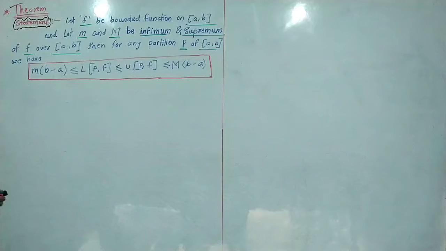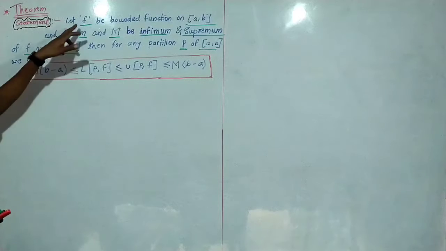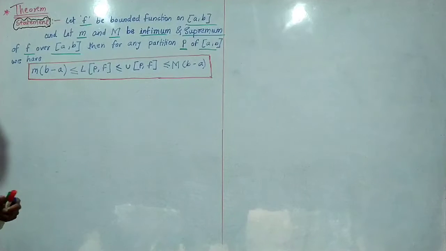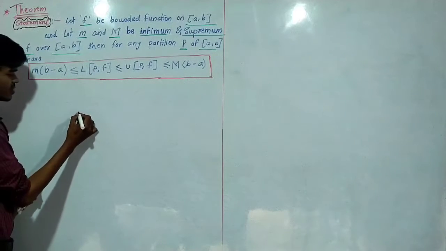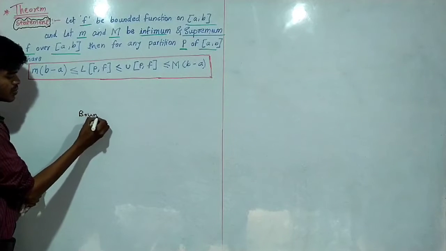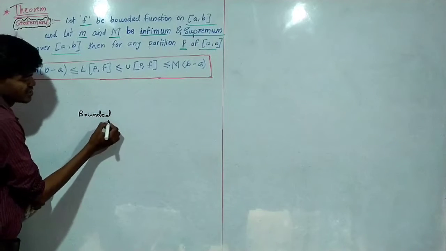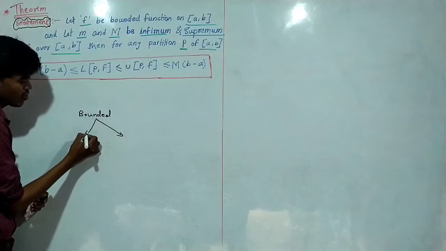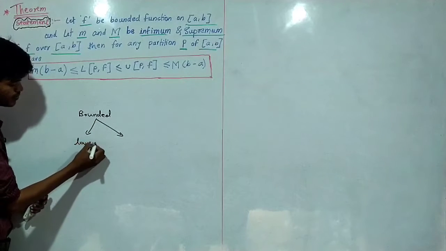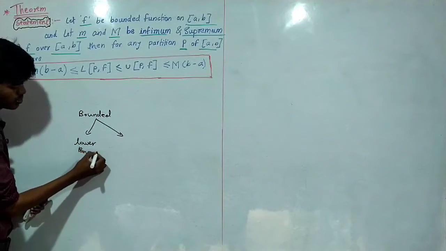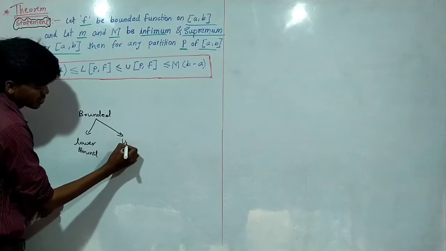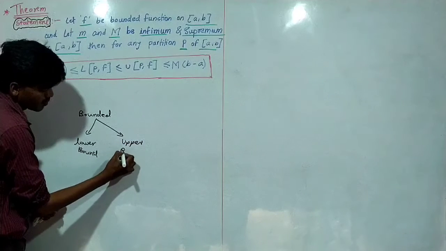I will read once again. Let f be our bounded function, and bounded means that the function has a lower bound as well as an upper bound.